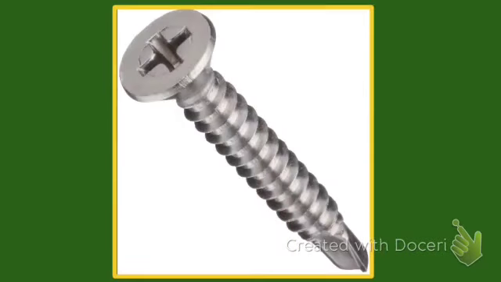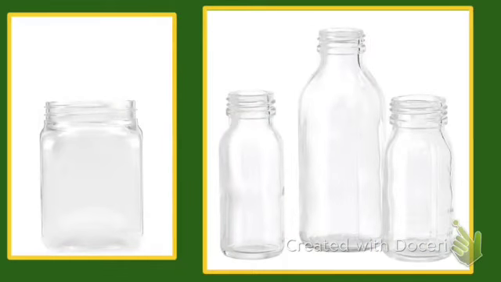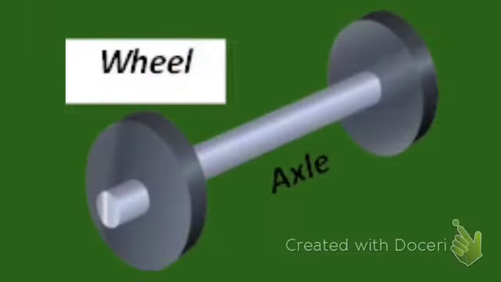A screw is an inclined plane wrapped around a pole. Some simple examples are the screws on jars and bottles. The wheel and axle make it possible to move heavy loads easily.